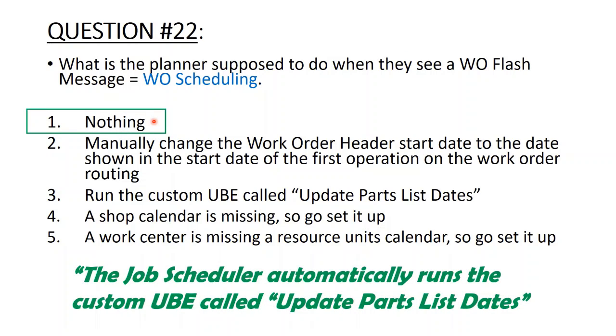Nothing. Kind of a trick question, right? The job scheduler automatically runs the custom UBE called update parts list dates to synchronize all dates.